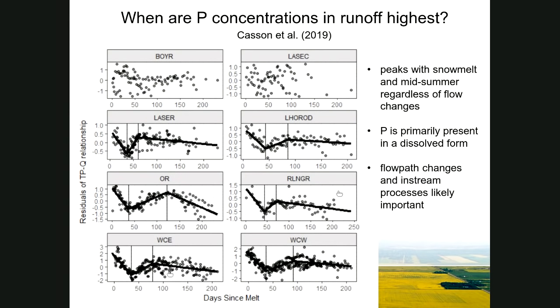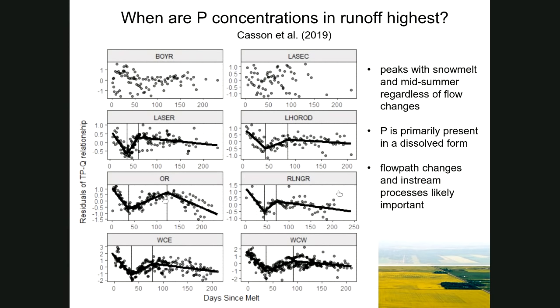And these residuals or deviations from the mean are plotted versus days since melt. And so although the timing of this second peak concentration in summer differs somewhat between sites, it generally at all these sites corresponds to the timing of temperature changes.